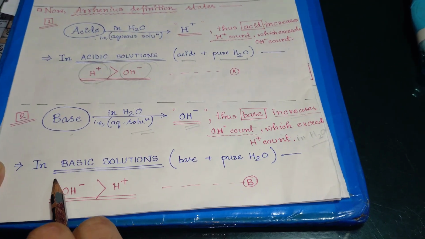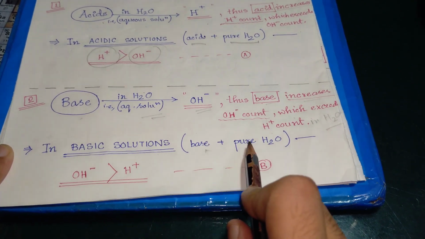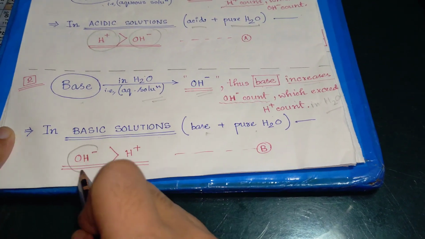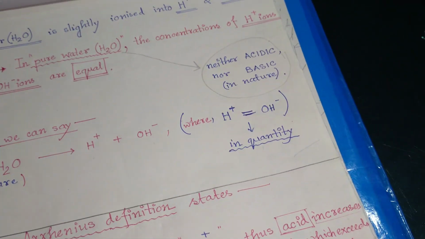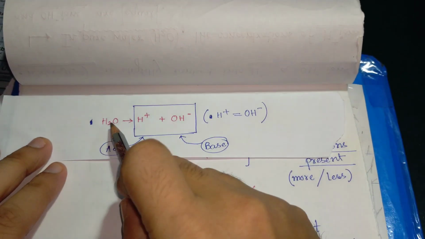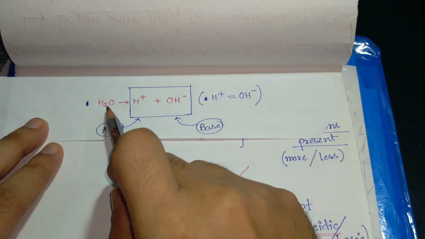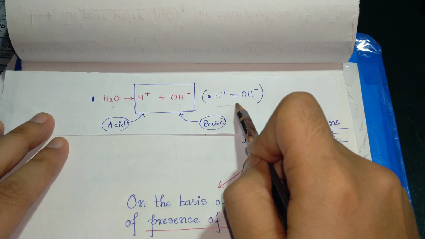Now, thus we can state that in basic solutions, that is base plus pure water, the OH minus count is more than the H plus count. So we get a very clear, basic and simple conclusion: H2O dissociates into H plus and OH minus which are equal in quantity.